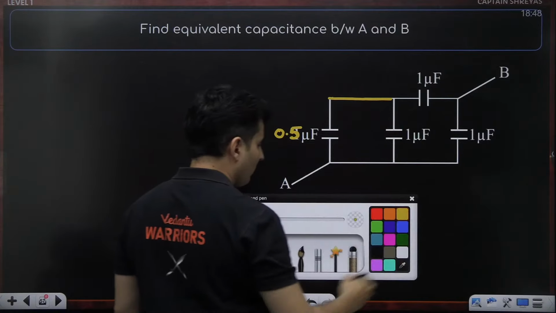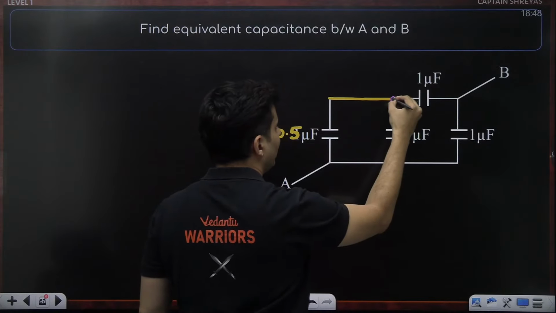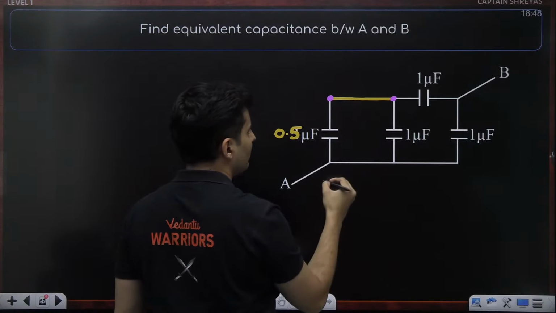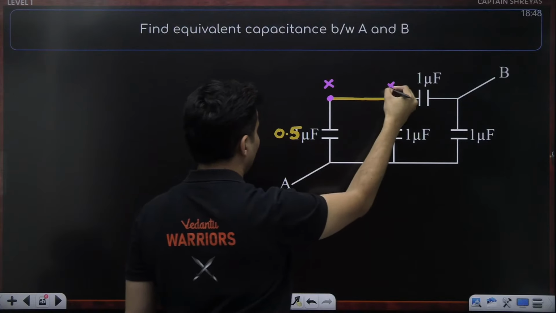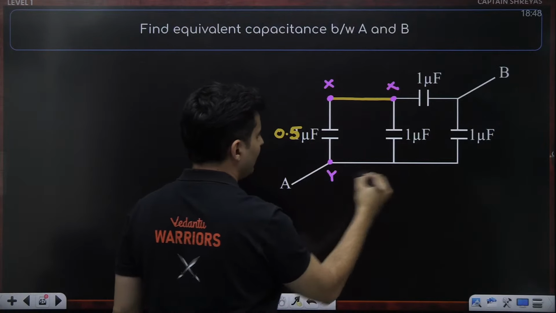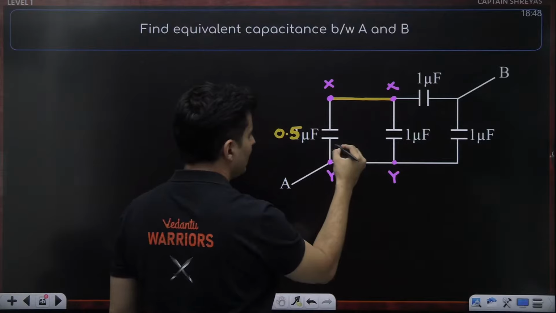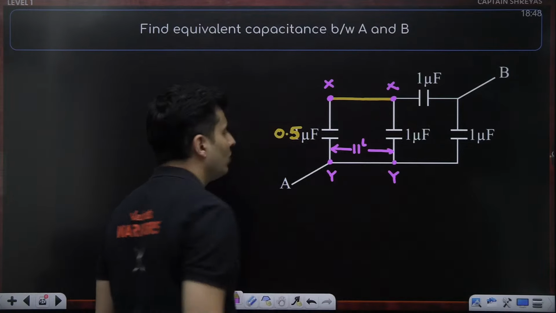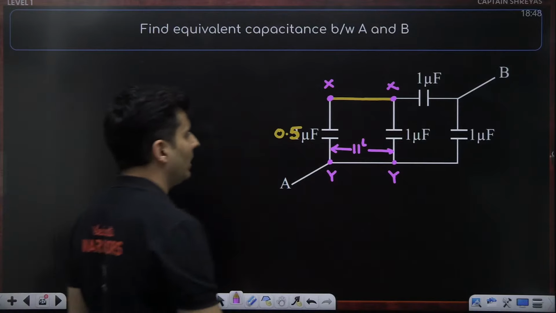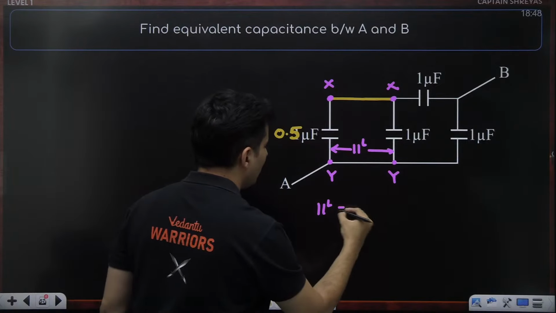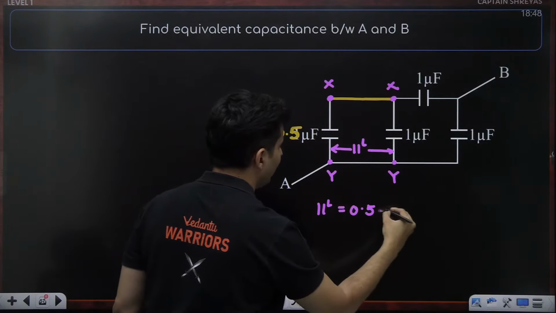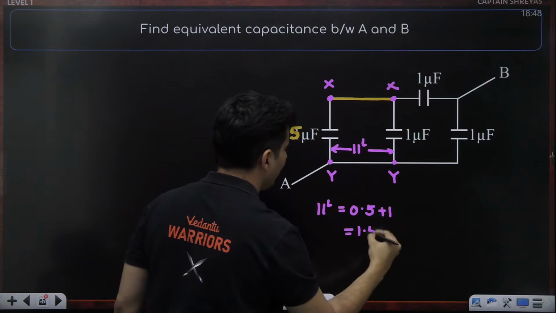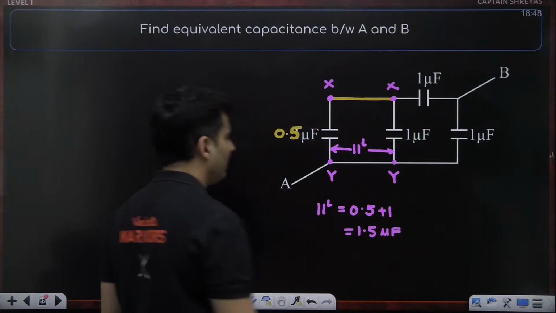Don't you see that this point has the same voltage as this point? If this is X, this is also X. If this is Y, this is also Y. So 100% they both are in parallel. So in parallel, what happens? In parallel, the equivalent capacitance adds. So 0.5 plus 1, which means it is 1.5 microfarad.